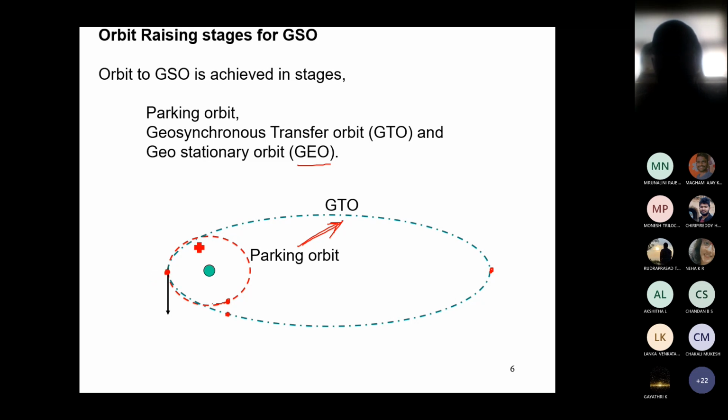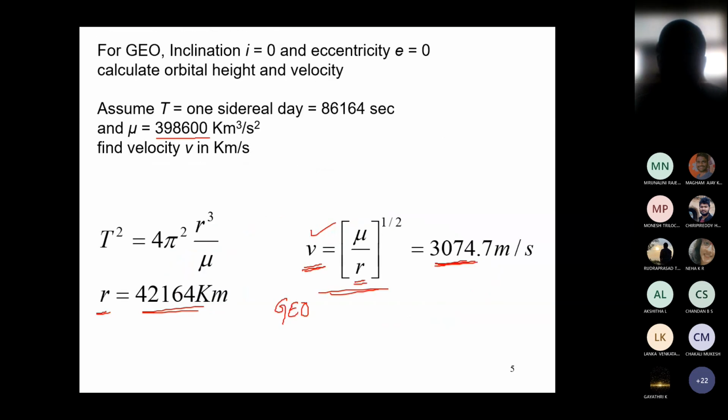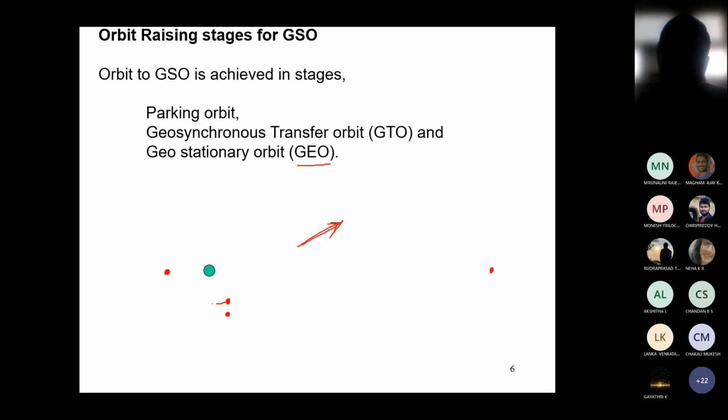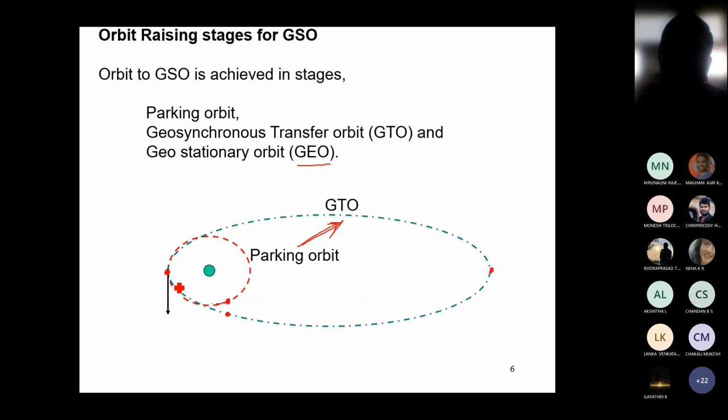We cannot calculate that using this equation, because it is valid only for circular orbit. We have to use the velocity expression for elliptical orbit. If you remember, in the second law of Kepler, I had shown the expression of velocity. We have to use that expression to calculate the velocity of the satellite in the GTO orbit at the location of perigee.